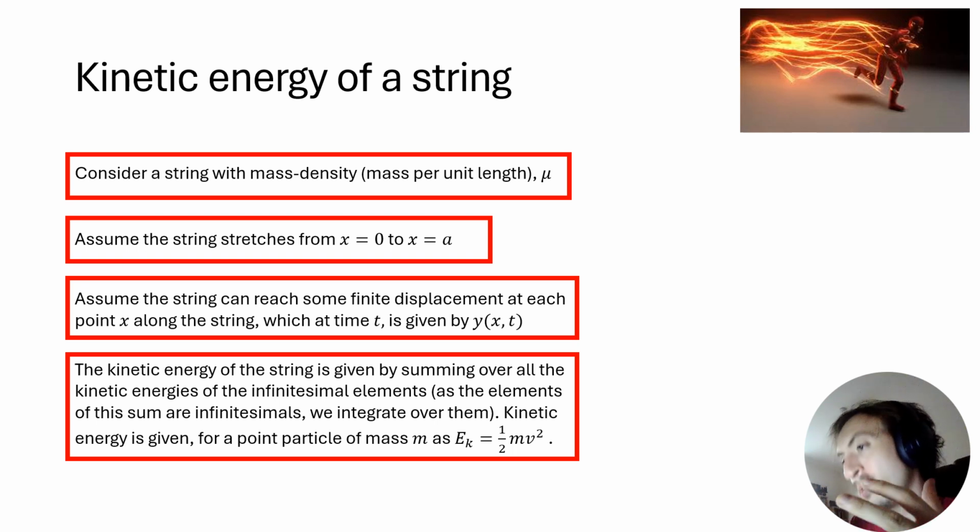So if we want to look at motion on the string, then we really need to consider the string truly as an extended object. But all the equations we have in physics initially, at least all the core central equations, are mostly for point particles, at least in classical mechanics. So how would we find a value for something like the kinetic energy for a continuous object like a string?